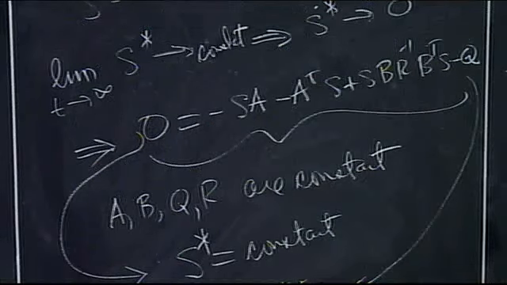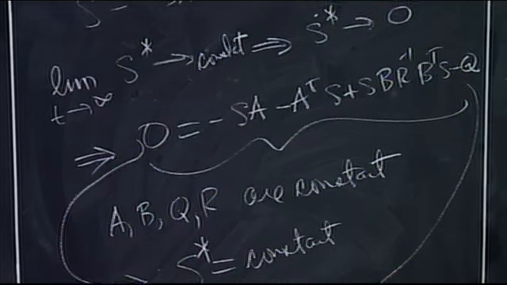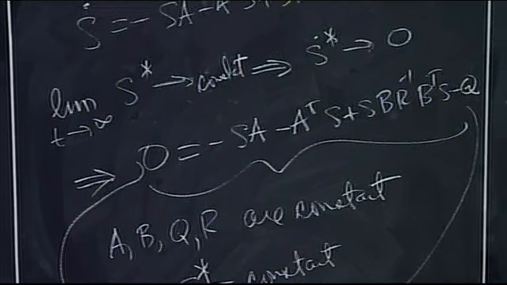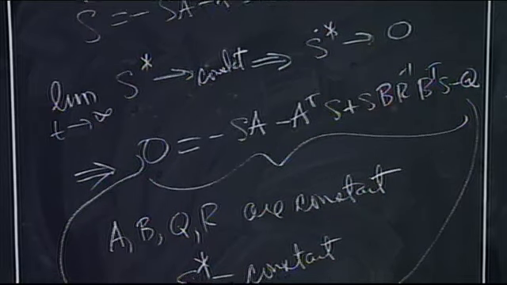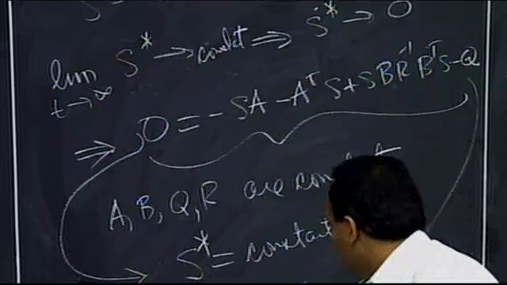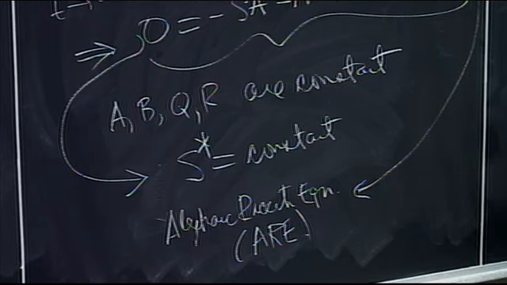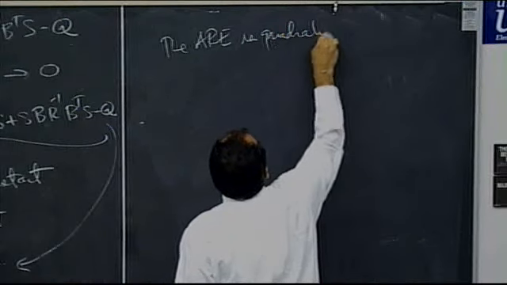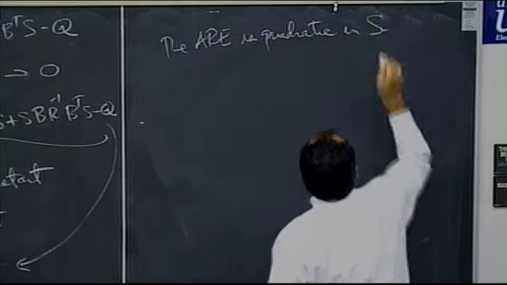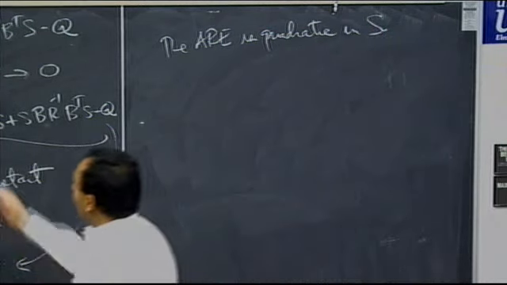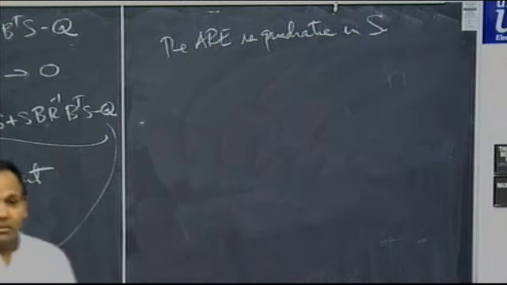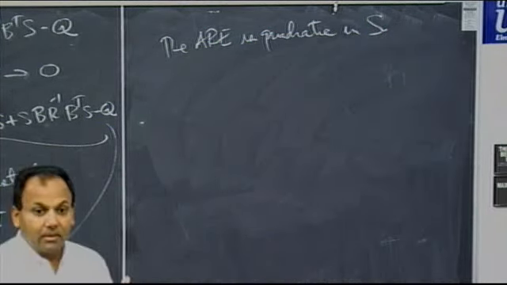Now, if you look at that problem, you can see that this is a quadratic equation, right? This is called the algebraic Riccati equation. We normally abbreviate it ARE. The algebraic Riccati equation is quadratic in S. So there are going to be two solutions to this, right? Every quadratic equation has two solutions.